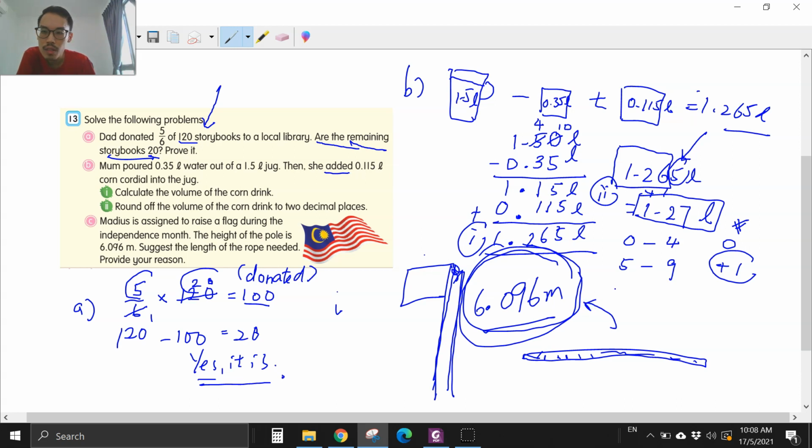Okay, whether it's 7 meters or 8 meters or 9 meters. Provide a reason, because the flagpole is this high, so you need a rope that is longer so that you can raise your flag to the top of the pole.